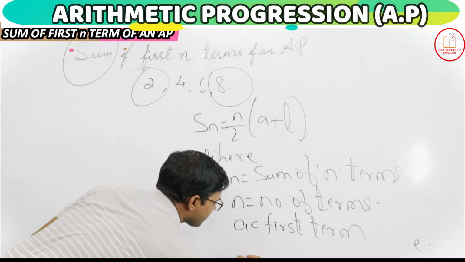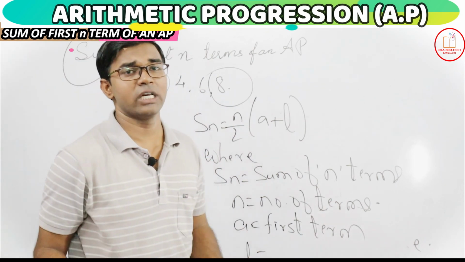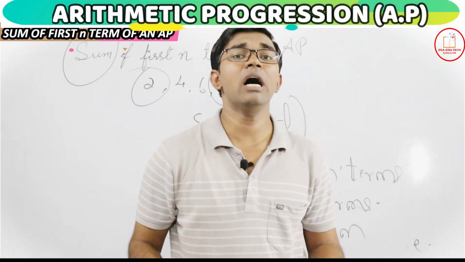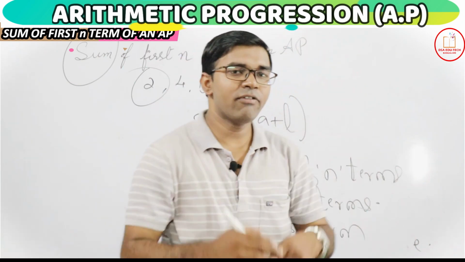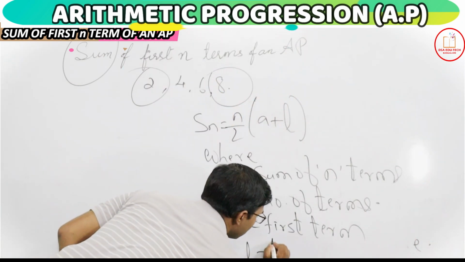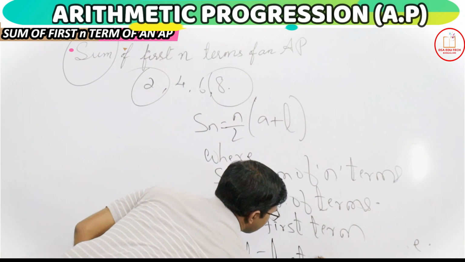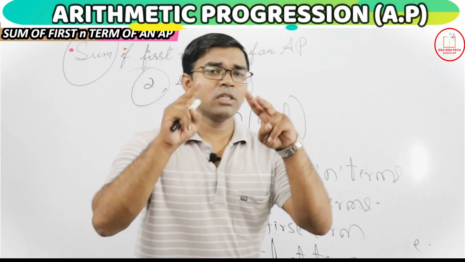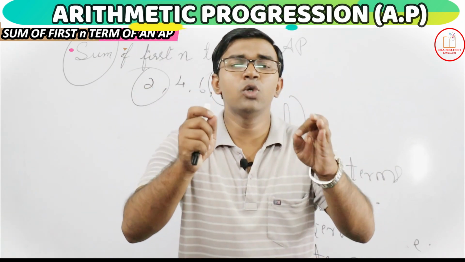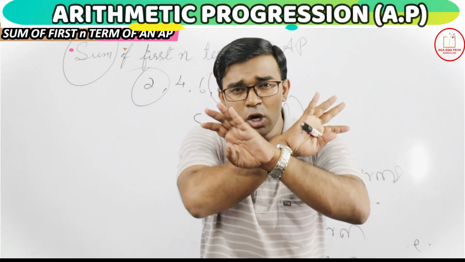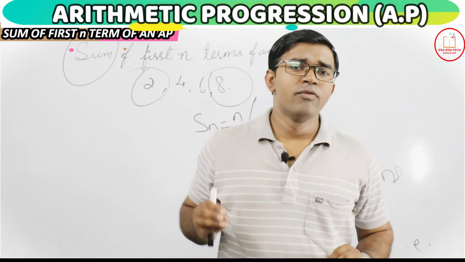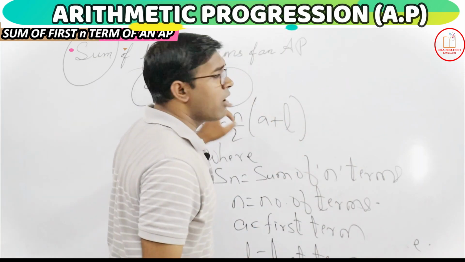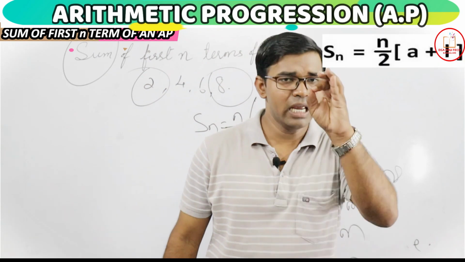Then l. So what is l? Very importantly, l is the last term of the given AP series. So these are the two important formulae that you need to keep in mind in order to solve all the problems given from this topic, sum of first n terms of an AP.